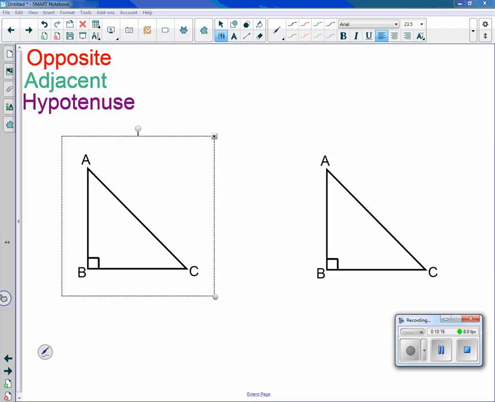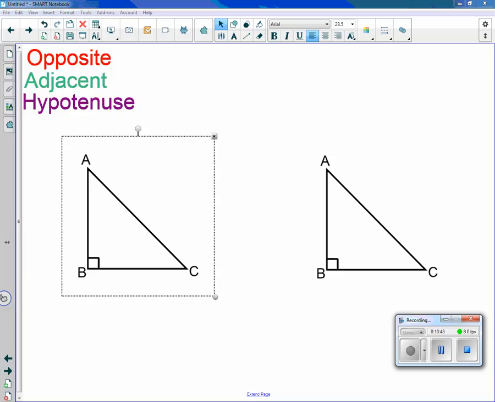Next to the side that I'm talking about. And the hypotenuse is always where? Across from what? The right angle. All right. So we are going to write the adjacent, the opposite, and the hypotenuse side in relationship to an angle. And they change according to what angle you're talking about.